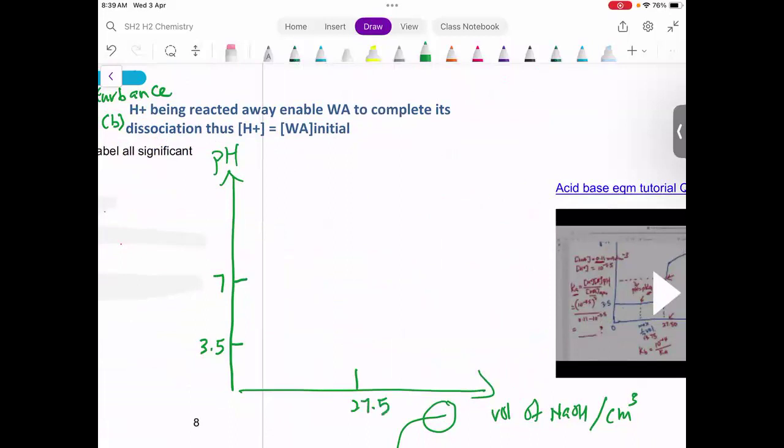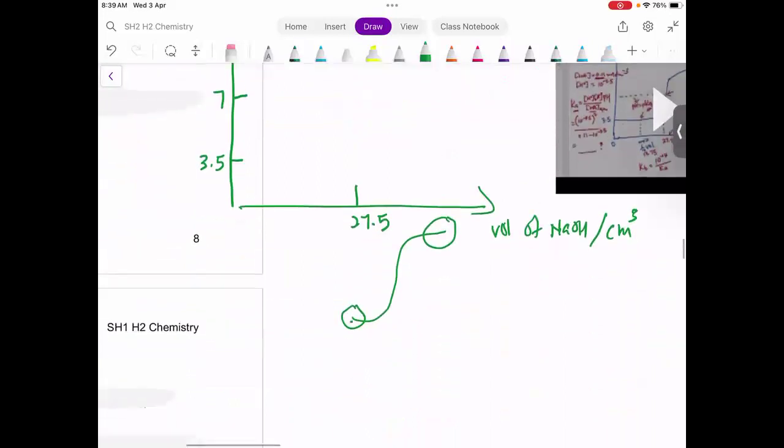So where is my max buffer? If I look at this titration curve, you have weak acid in the conical flask. As you add sodium hydroxide to it, it will be progressively, slowly converted to the salt. Before you reach the equivalence point, from volume 0 towards the equivalence point, you will have weak acid together with its salt. So what kind of reaction mixture is this?